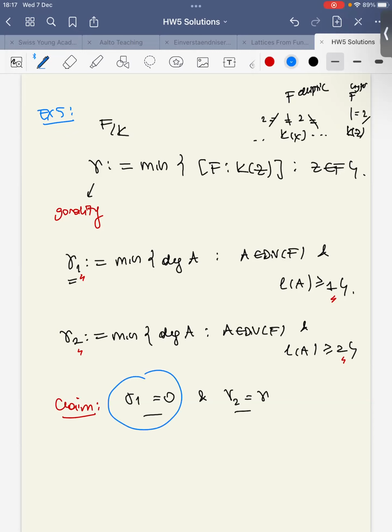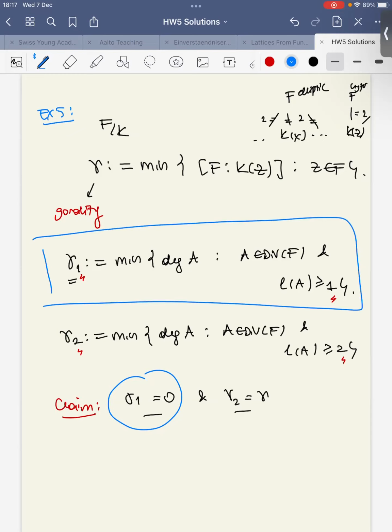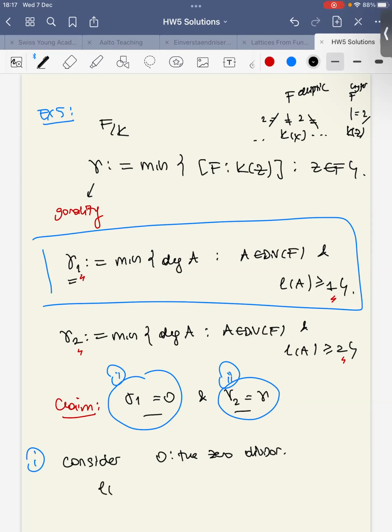So here we only consider this definition. And to be able to see it, it's enough to consider the zero divisor first. Let's say I, and for the solution of I, consider the zero divisor. And then if this is the case, we know that it has dimension 1.